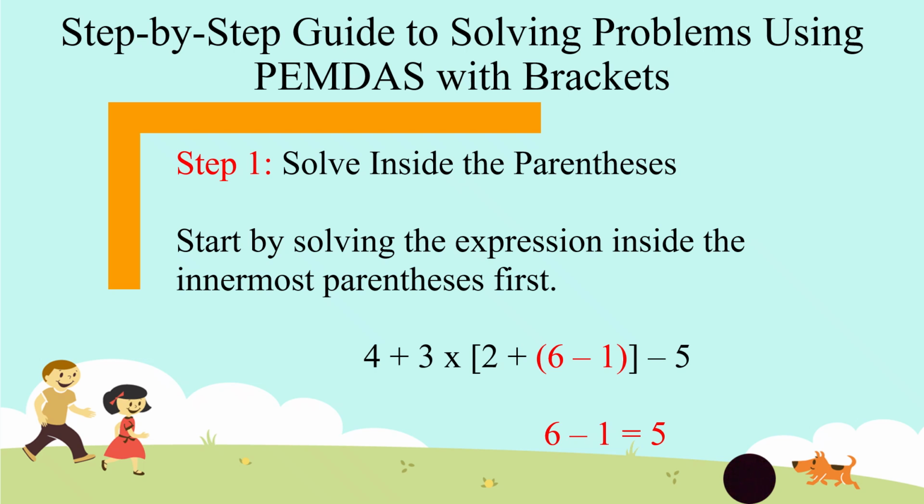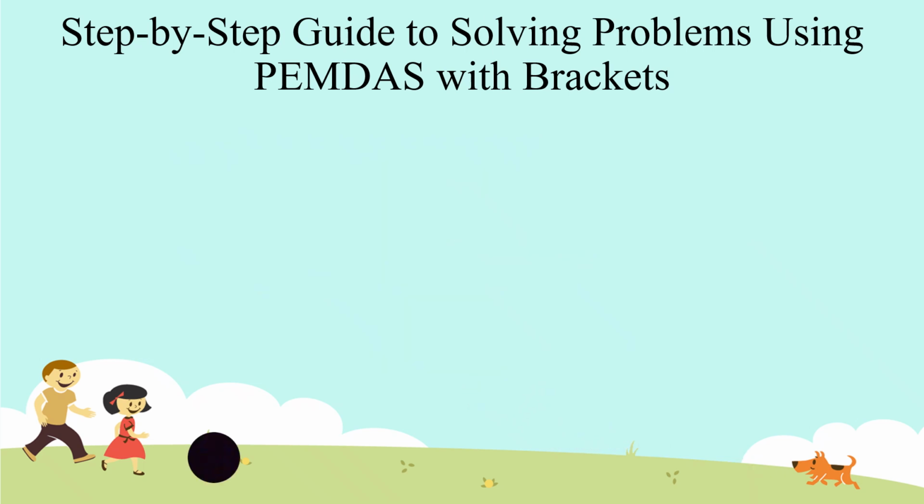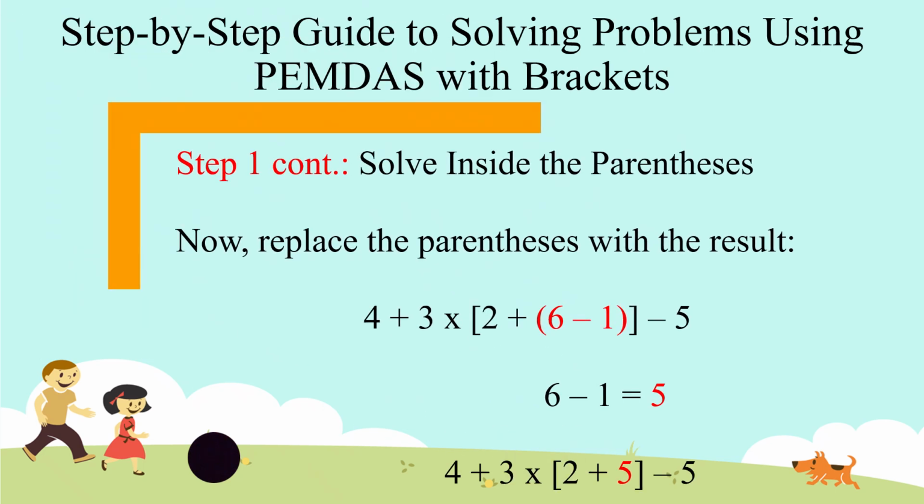Step 1. Solve inside the parentheses. Start by solving the expression inside the innermost parentheses first. In this case, 6 minus 1 equals 5. Step 1 continued.